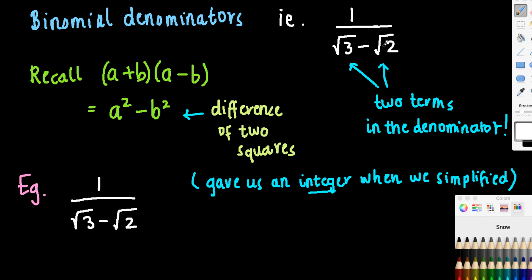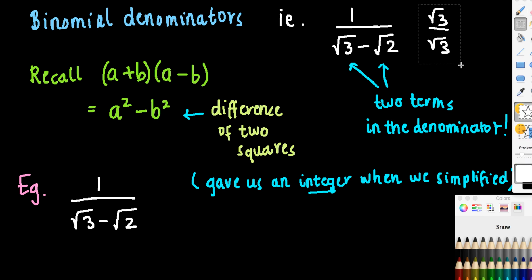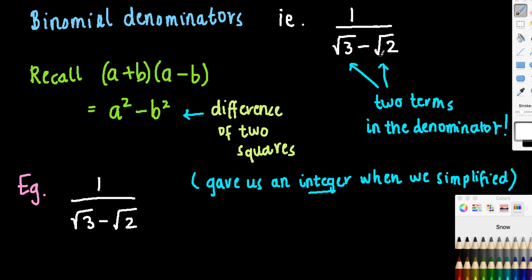Now, of course, I can't just go ahead and multiply, say, by root 3 on root 3, like this, because that's not going to deal with the root 2 here. All I'm going to do there is get a root 6. So I'm not eliminating the surds. So we do need to be a little bit more crafty with binomial denominators, when we've got two terms, or two surds, on the bottom there.